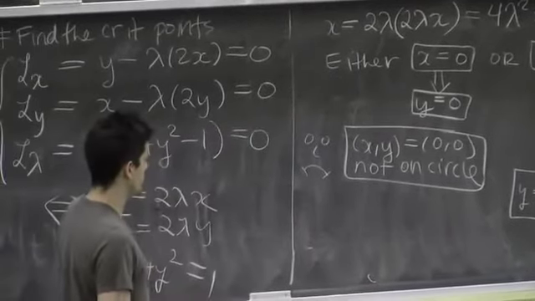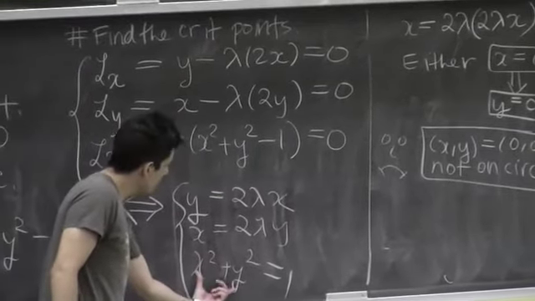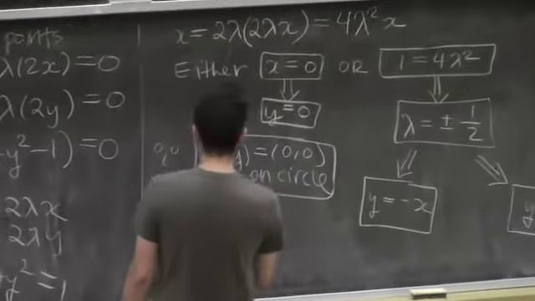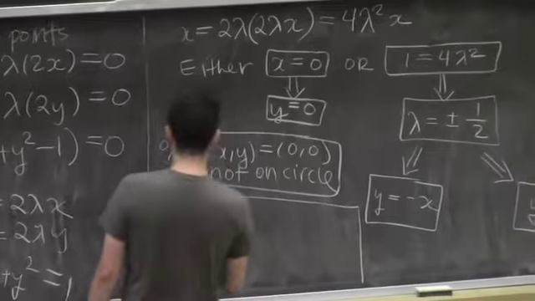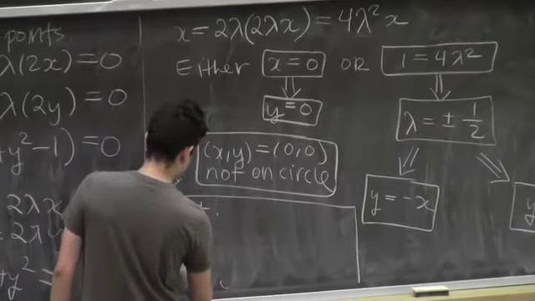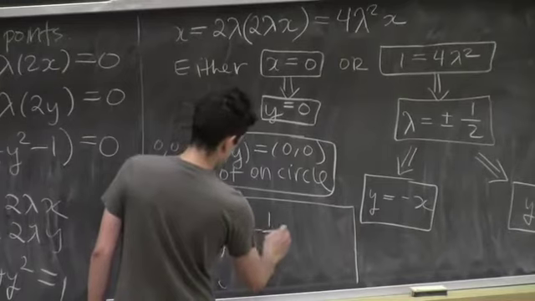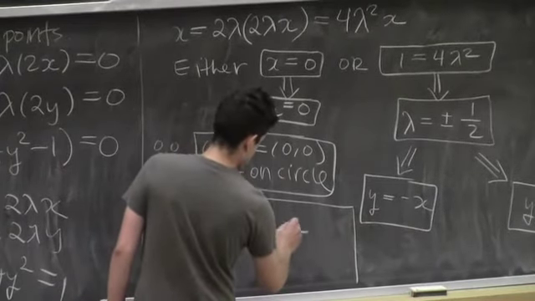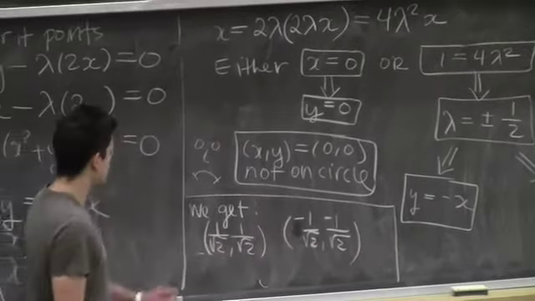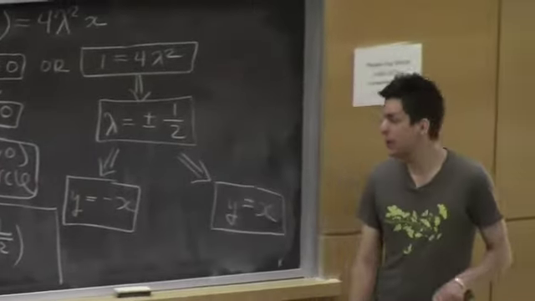Okay, so now we've got those terms there. If we plug those guys in here, x equals y, we wind up getting the following critical points. Okay, so these are the two critical points that we found from y equals x before.